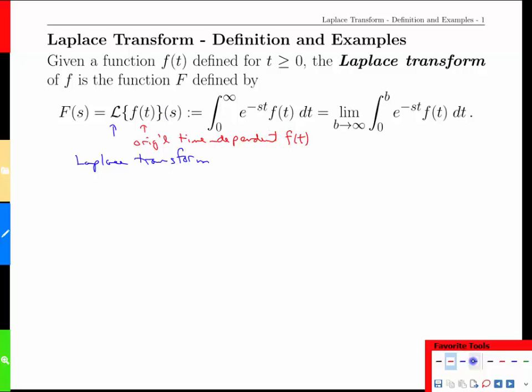And what we get back, all this together, gives us the output, which is the transformed function capital F of s.